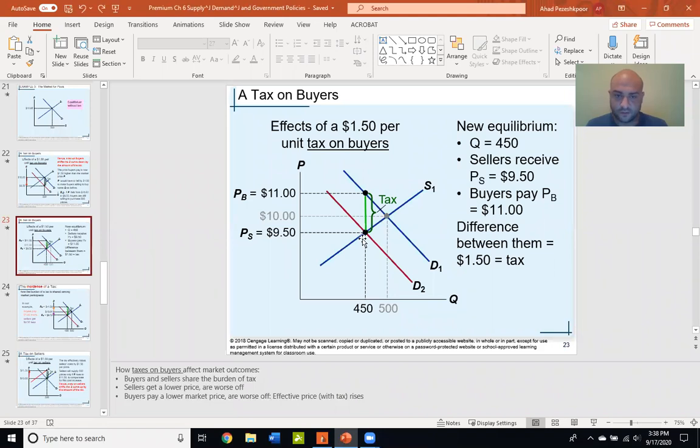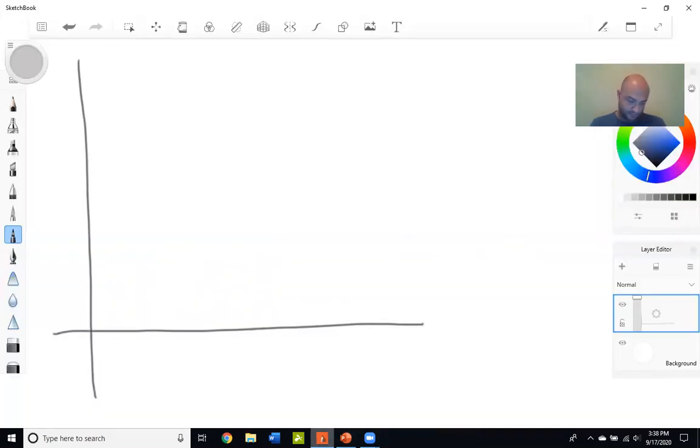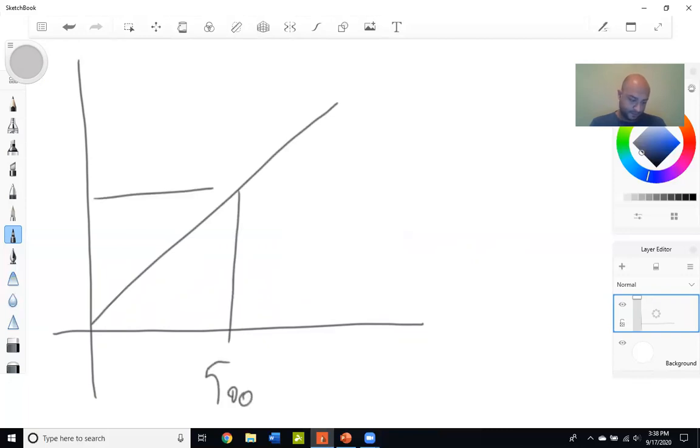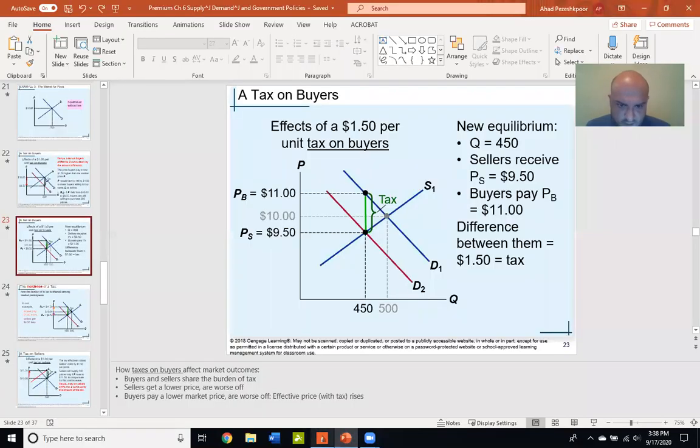We already have 500, 10, and 450 and 9.5.